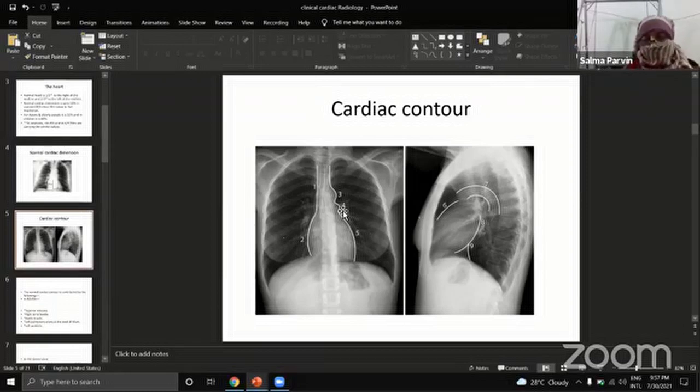So any structure above, below or at the hilum can be part of the discussion in relation to the pulmonary trunk anatomy.